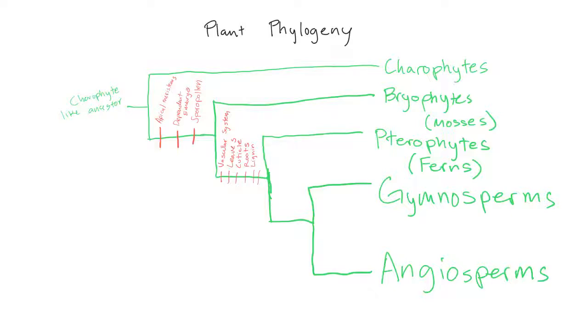All right, you're good. Okay, gymnosperms have seeds and pollen. And angiosperms do as well. But angiosperms also have flowers and fruit.